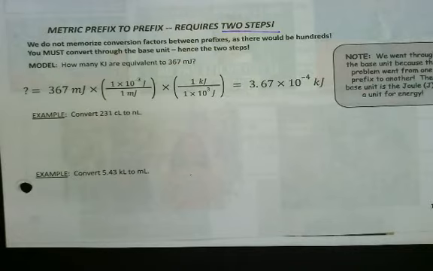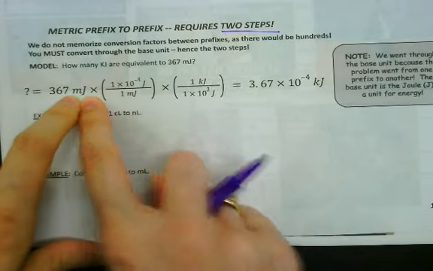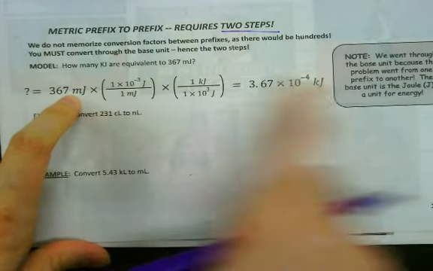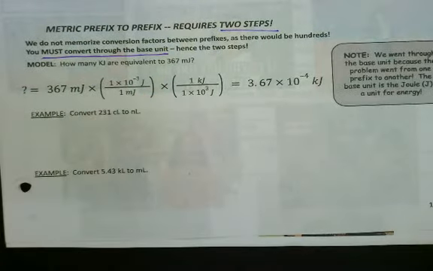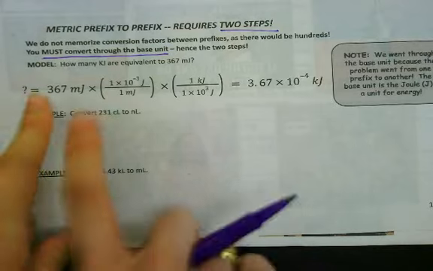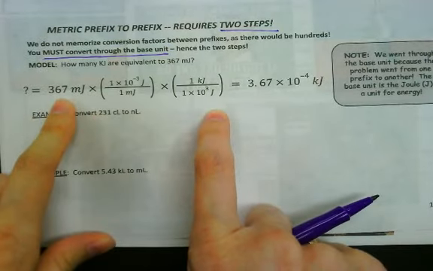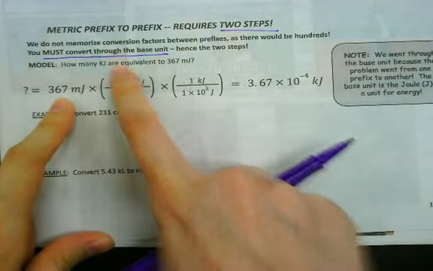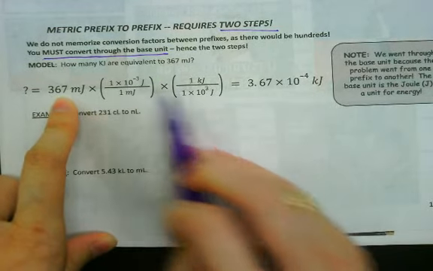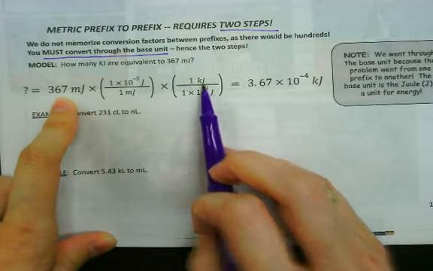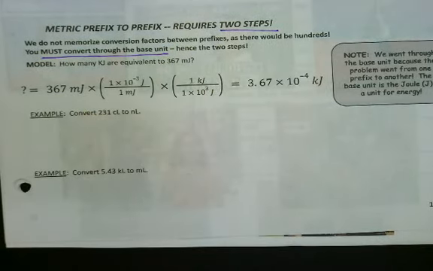And it's going to require 2 steps because if we're going from something like millijoules to kilojoules, we are going to have to convert through our base unit. So you can see in the example that they've given you here, converting from millijoules to kilojoules, that they first converted to joules, and then they converted to kilojoules. So we're going to have to do that if we are ever given a prefix and a prefix conversion.